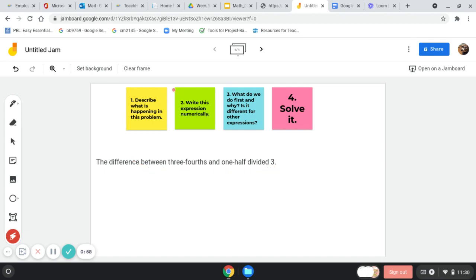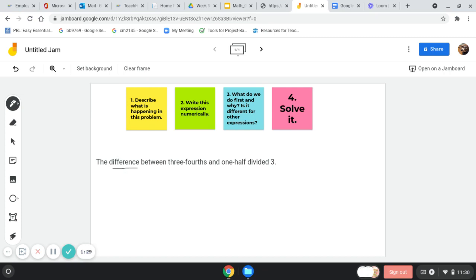So if I look at the first box here, I need to describe what is happening in this problem. Let's read it one more time: the difference between 3/4 and 1/2 divided by 3. One thing I know for certain is that there's some kind of subtraction going on, because difference indicates subtraction.